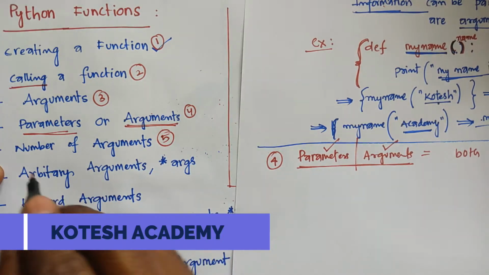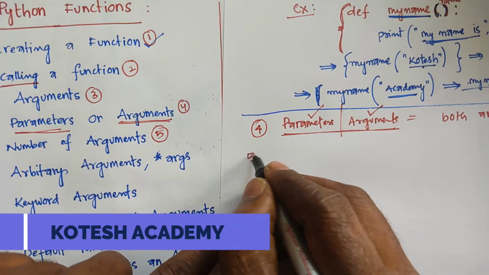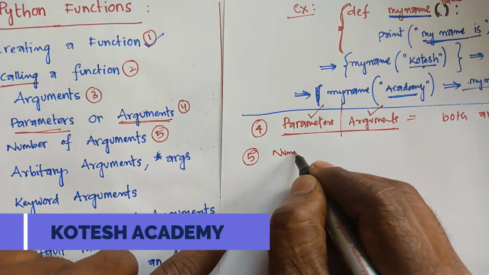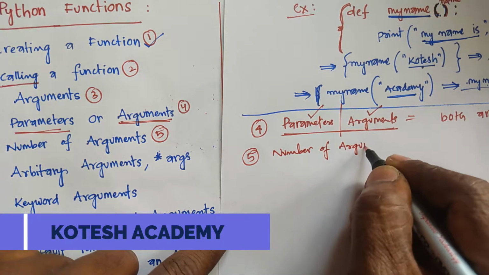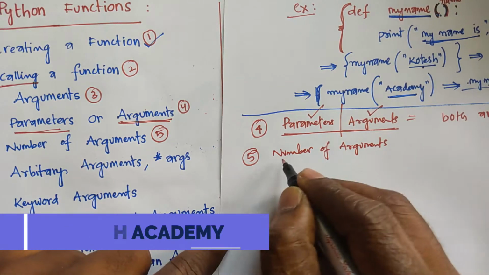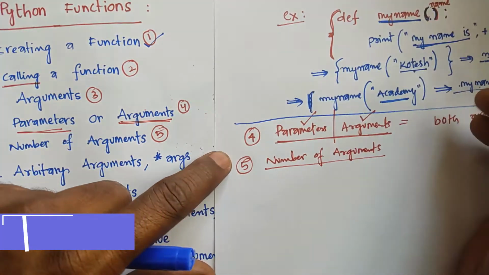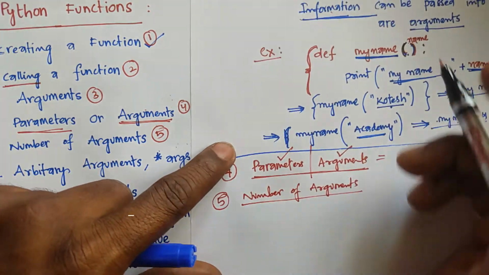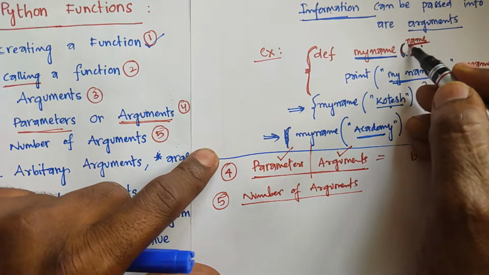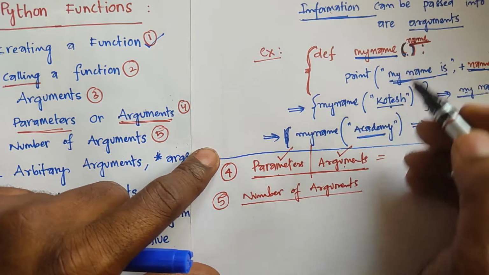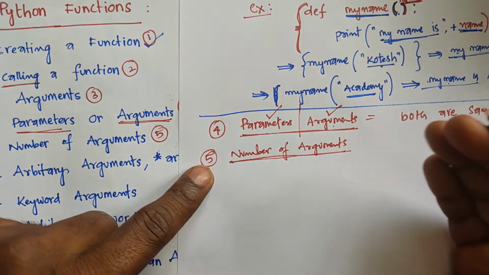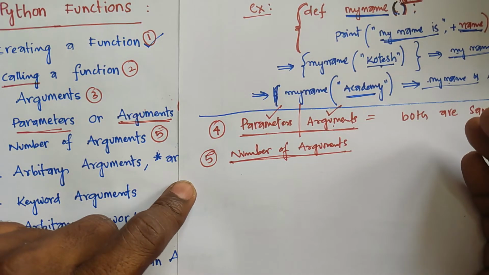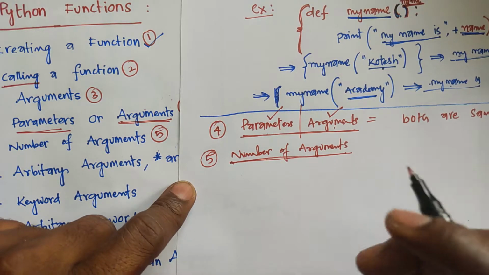Next, the fifth one is number of arguments. So far, in this example I am using only one parameter or one argument. But the meaning of this fifth point is, if you use more than one argument or more than one parameter, what do we have to do at this point?